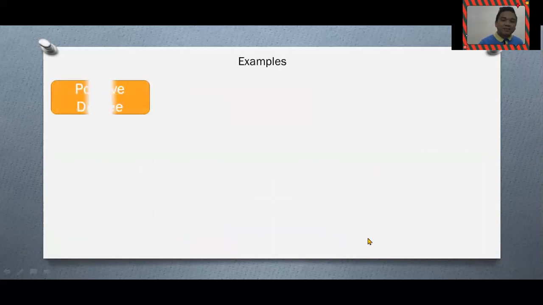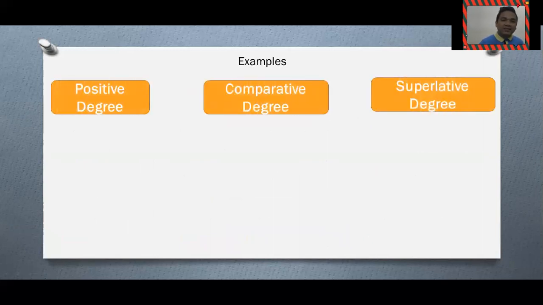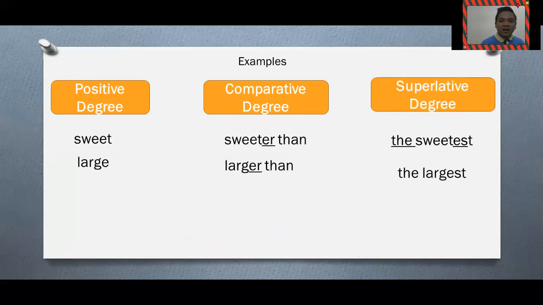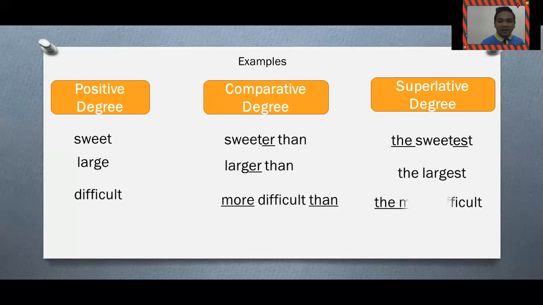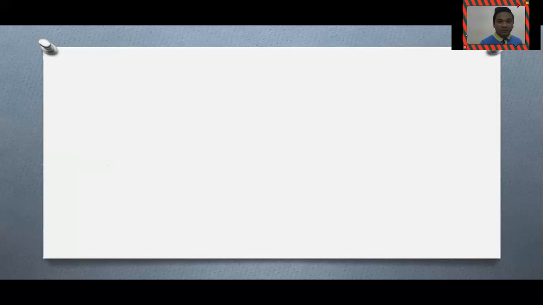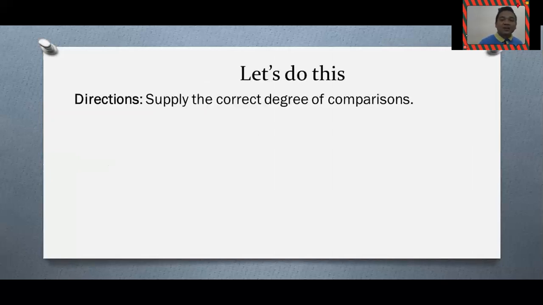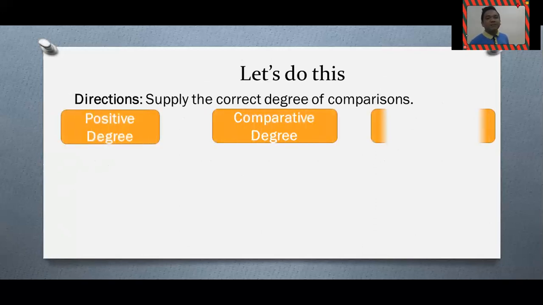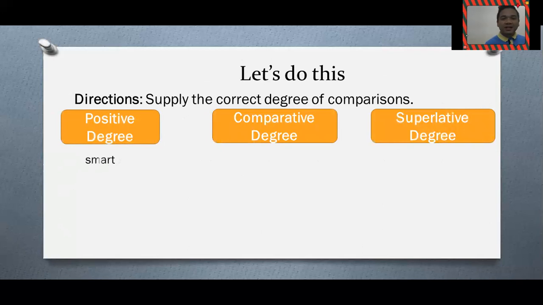Okay, now let's practice. So let's have here more examples. You have sweet, sweeter than, the sweetest, large, larger than, the largest, difficult, more difficult than, and the most difficult. Now let's do some exercise. Supply the correct degree of comparisons. So we have your positive degree, comparative degree, and superlative degree.